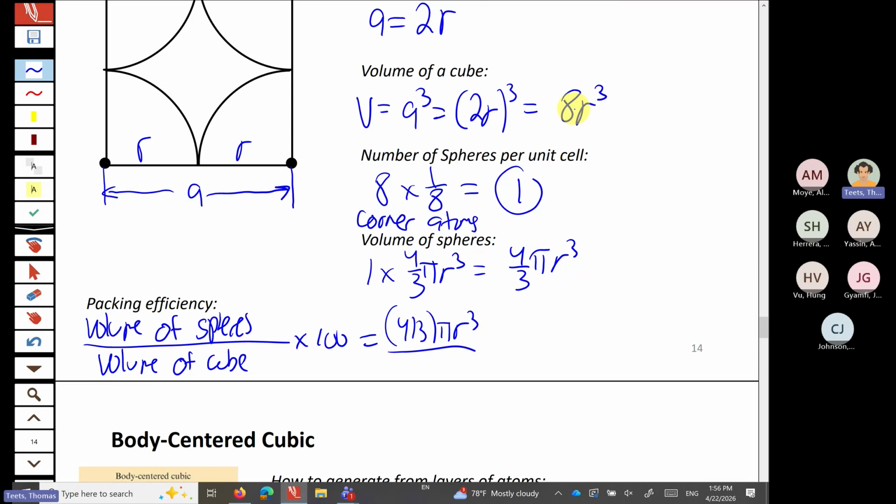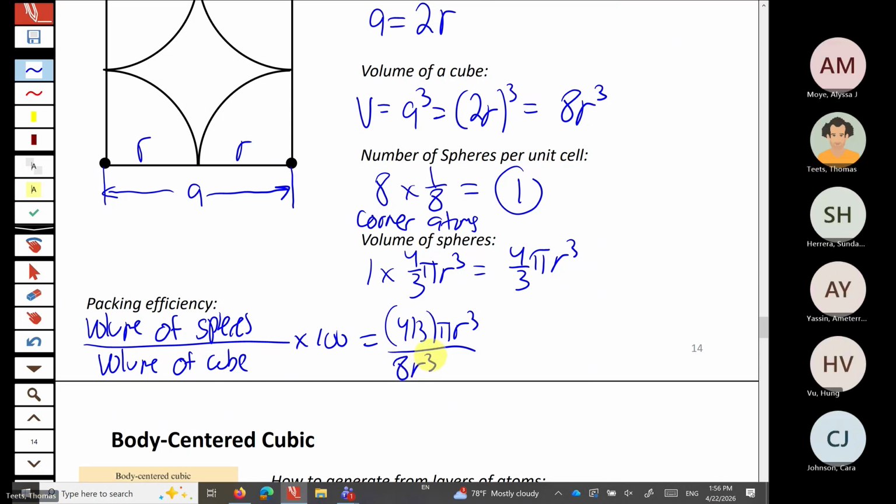And then the volume of the cube itself can be expressed as 8r cubed. 2r is the side length, cube that. So 8r cubed, which equals, if you simplify it down, pi over 6, multiplied by 100.